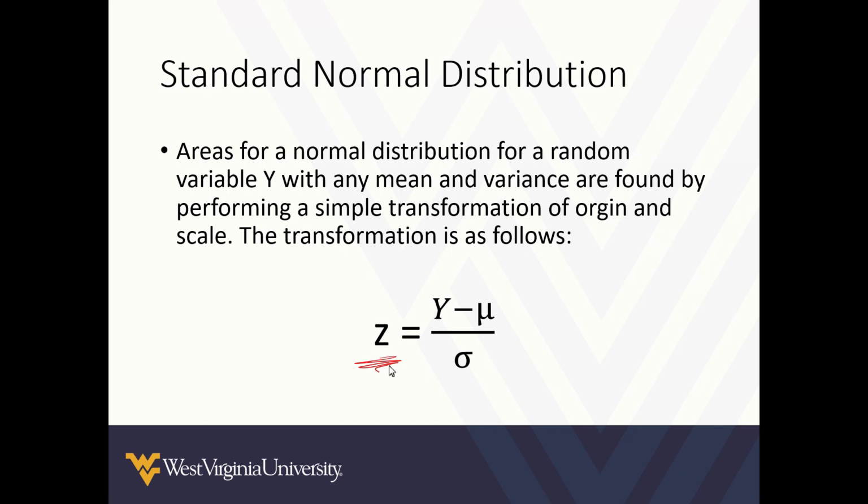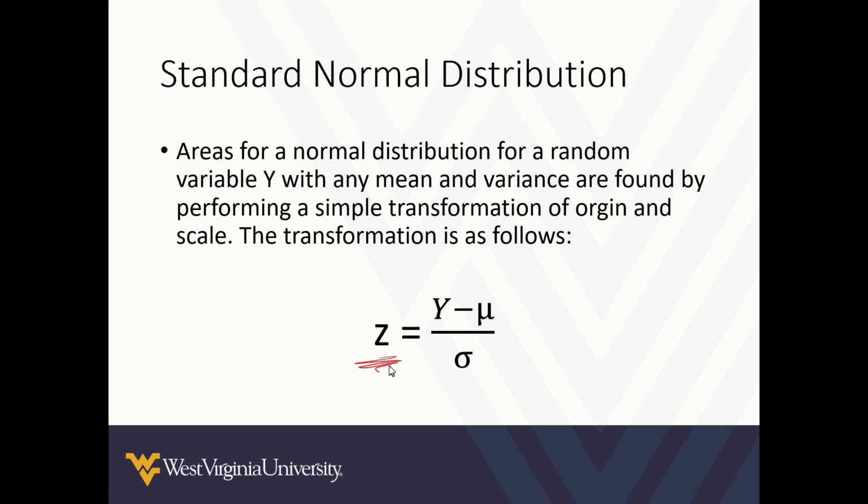That's honestly what we do here: regardless of whatever mean and variance we were given originally, we can convert it into the standard normal distribution. And just as with the Poisson distribution and the binomial distribution, which had a special table, same thing with the standard normal distribution. There is a special table that we can use to find the correct probabilities.